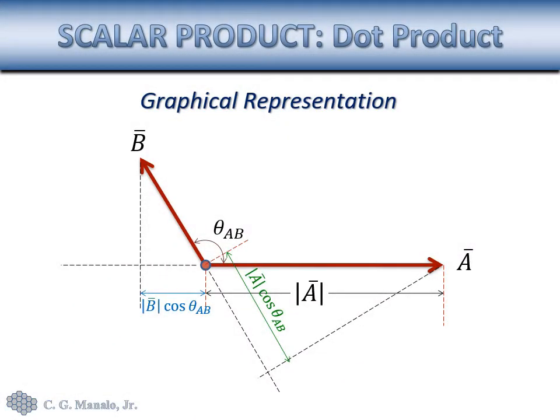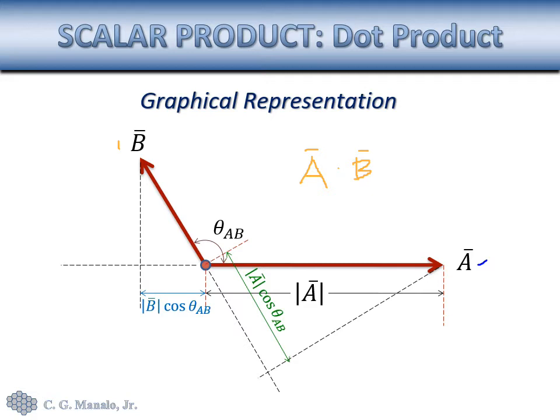To get a better understanding of the dot product, let's say we have here two vectors. Here we have A directed to the right and vector B here, and we multiply the two using the dot product. Now this can be interpreted as something like this.